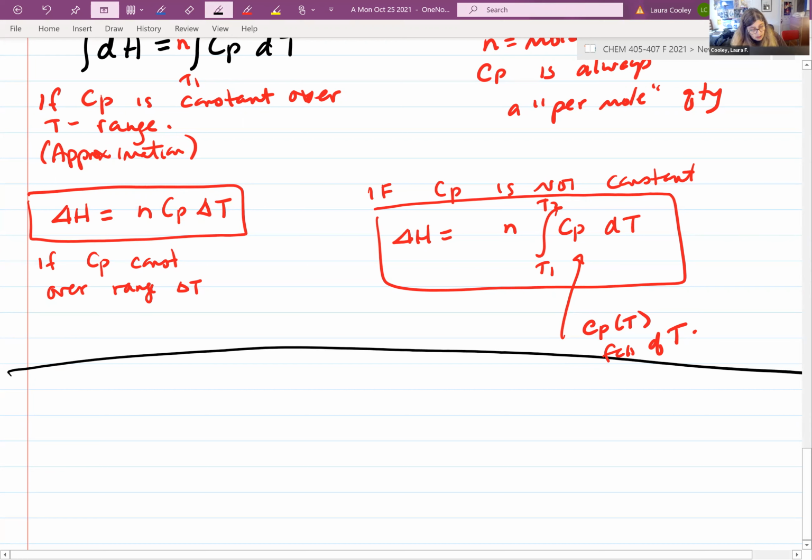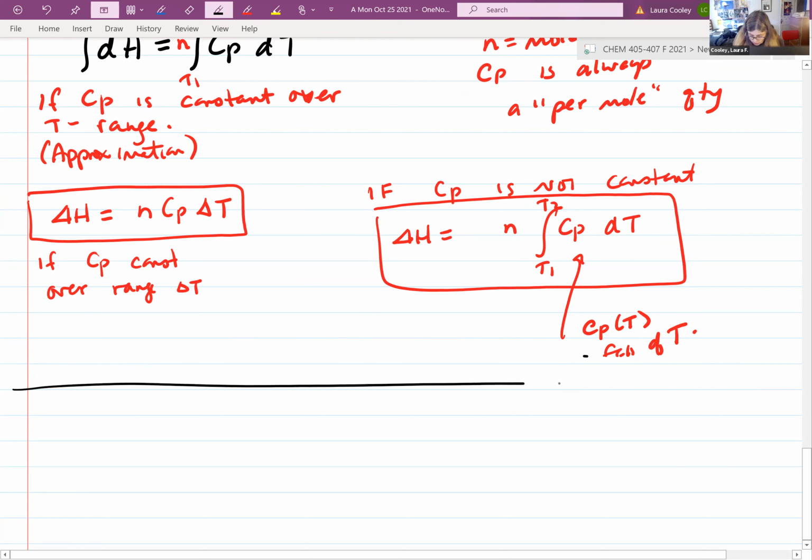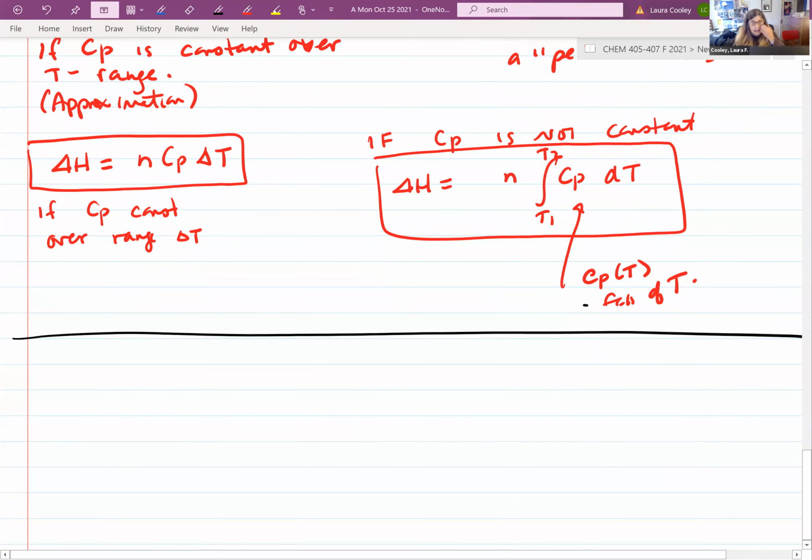And so I'd like to talk about the relationship between CP and CV. Okay, so we know that delta U and delta H are related by these very specific equations that we use for different types of problems in different conditions.